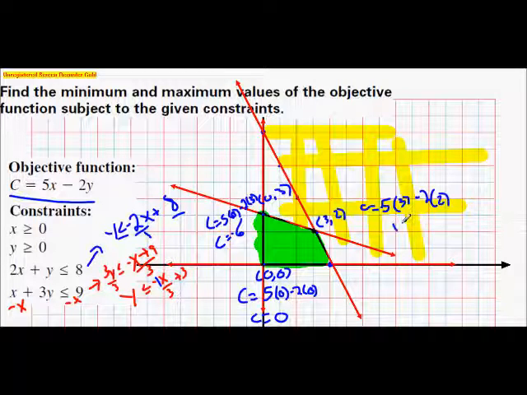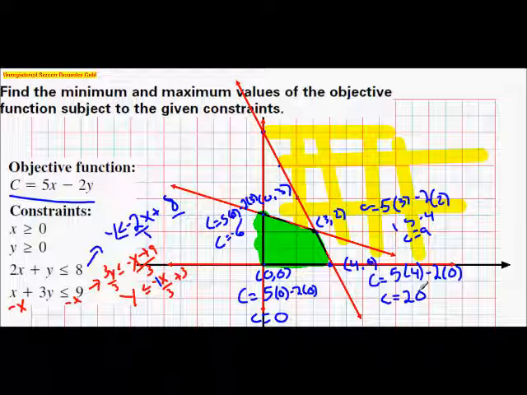And so I got 15 minus 4, or c is equal to 9. Okay, and the last value here is 1, 2, 3, 4. So we got 4, 0. And so that's going to be c is equal to 5 times 4 minus 2 times 0. And so that's going to be c equals 20.